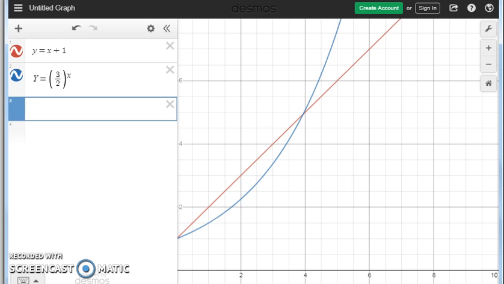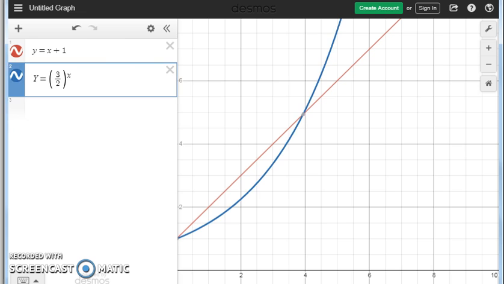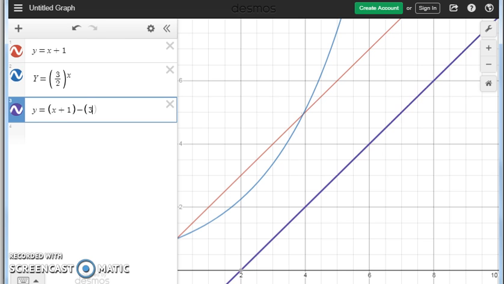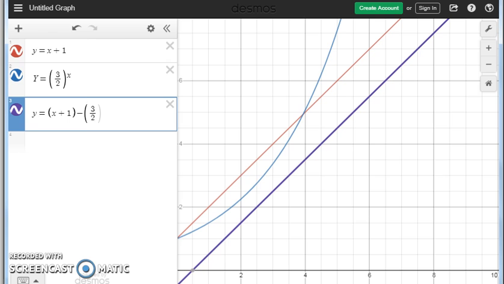So I'm going to graph the difference, y equals the first one, x plus 1, minus the second one, 3 halves raised to the x.